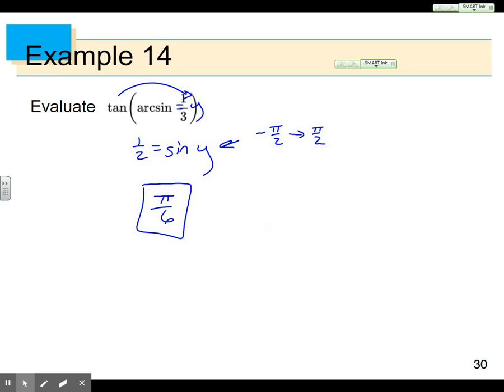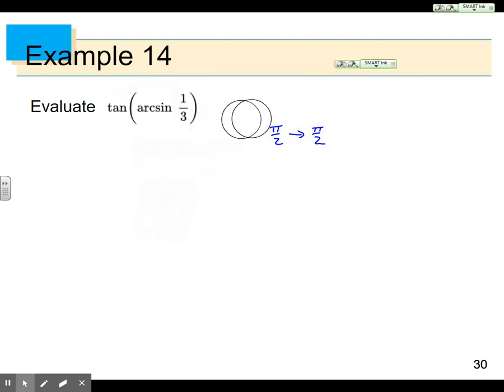Well, what if they give me a composition of trig functions to use? That'll be a little bit harder. Now, this wasn't one of my nice values off of my table. So I've got a little bit of work to do on this one. What I'm going to do is I'm going to go ahead and just create for myself a reference triangle. Okay?